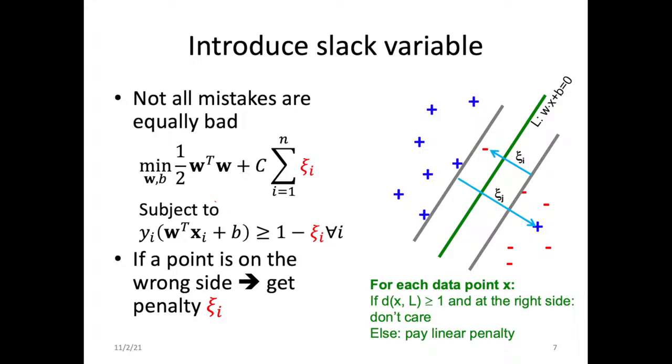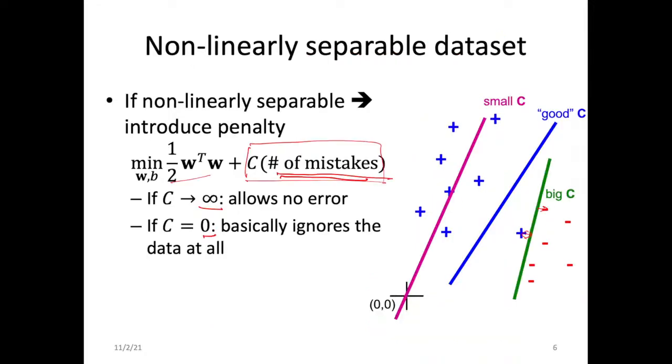Next, we want to step further. We want to introduce something called a slack variable. The idea is that not all mistakes are equally bad. In the previous slides, I said I want to minimize the inverse of the margin, and meanwhile minimize the number of mistakes, where each mistake is equally important.